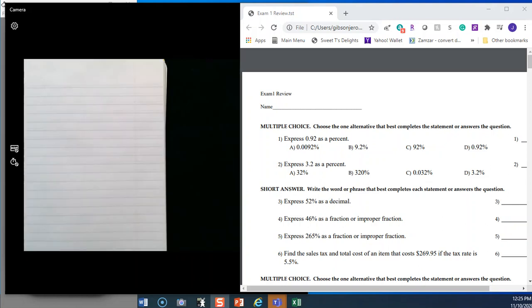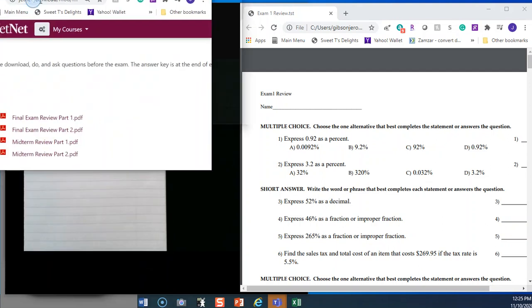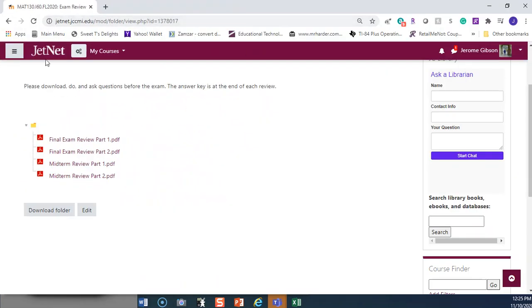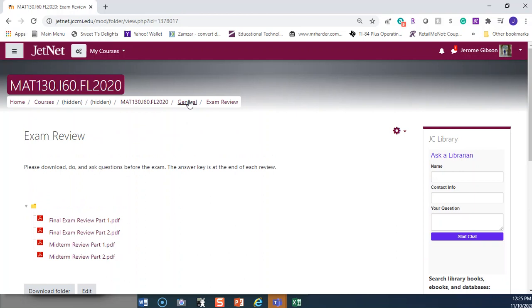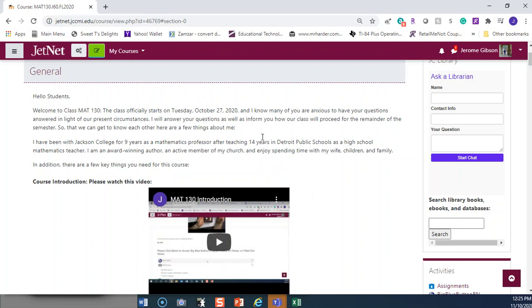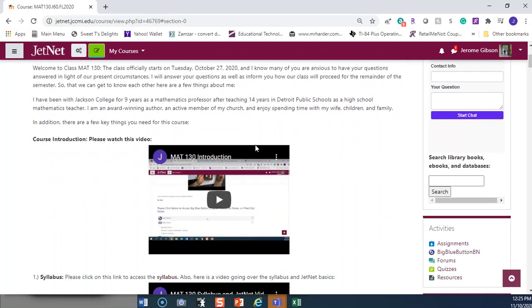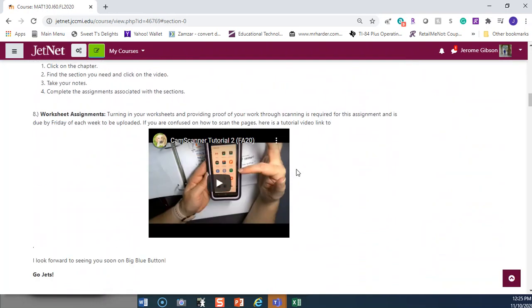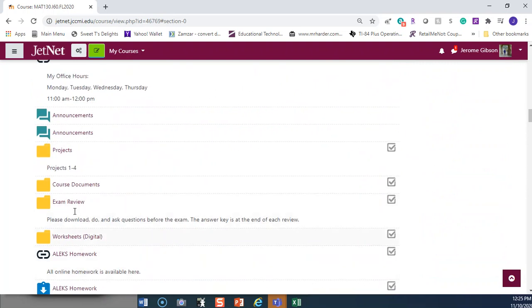Okay, before we start, I want to show you all how to get to the review. And I know a lot of you most likely know how to get to the review, but I just want to go back over that. So you will go to your JetNet page and you will scroll down until you get to the folder that says exam review.